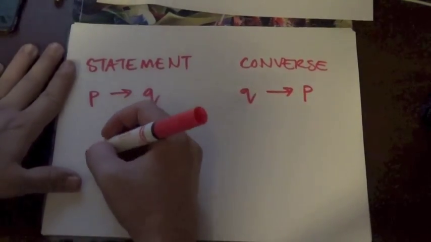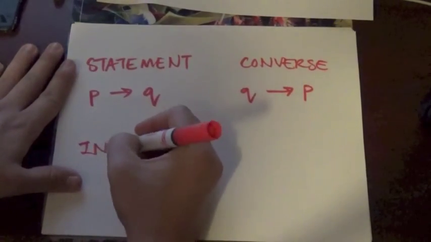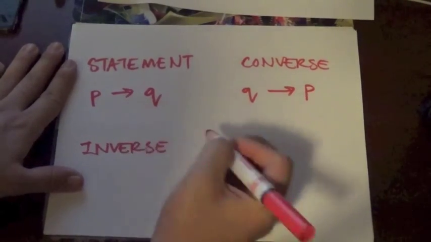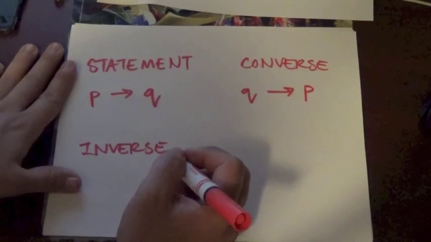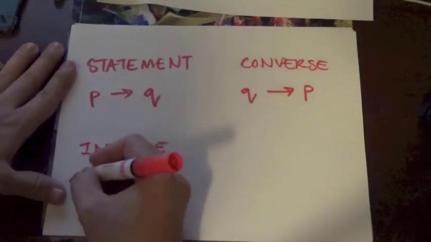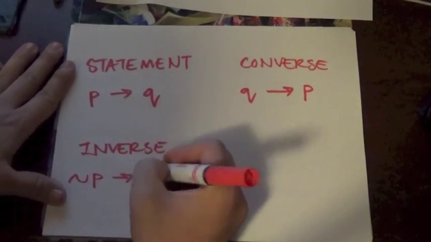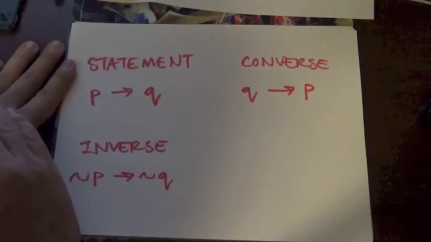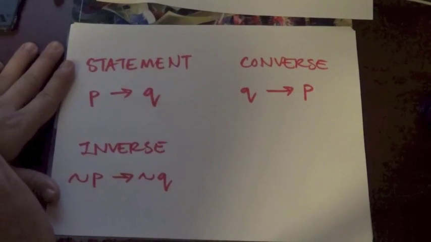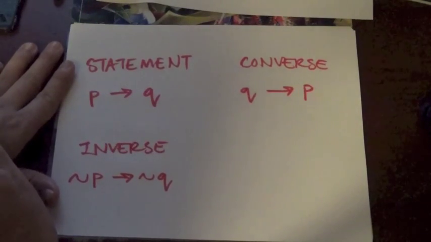Another variation is called the inverse. To take the inverse of a statement, you take the opposite of the term on each side. Again, you can think of how this might not necessarily be true.